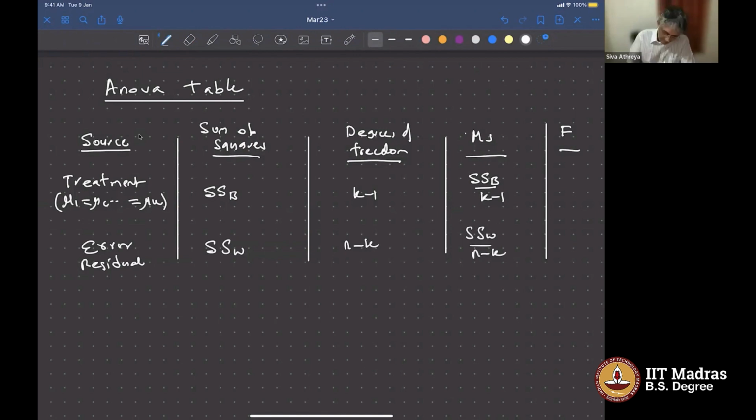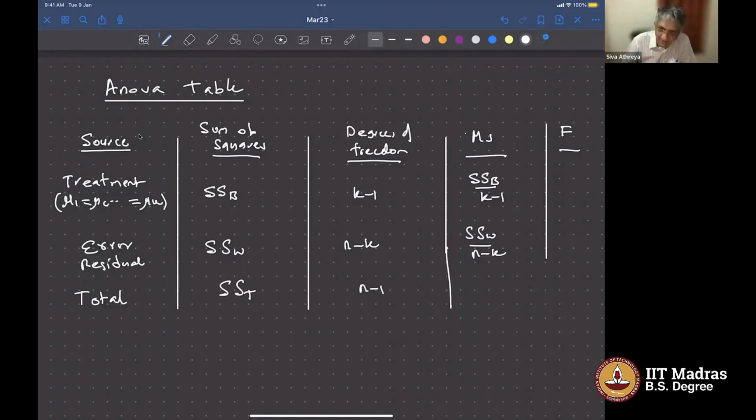And then the last row is the total. The total sum of squares is SST, and here you get n minus 1 degrees of freedom. And for the mean square, you don't do this.